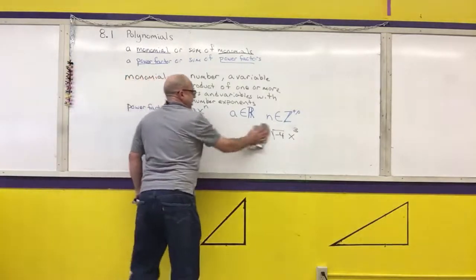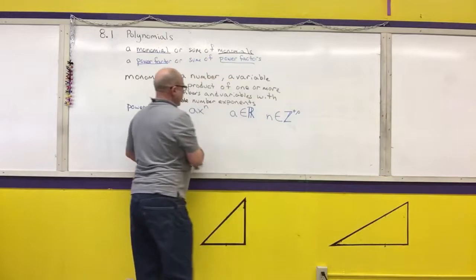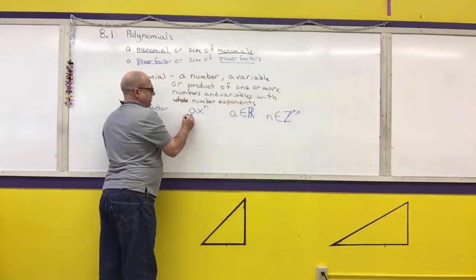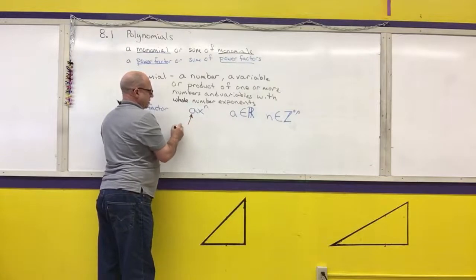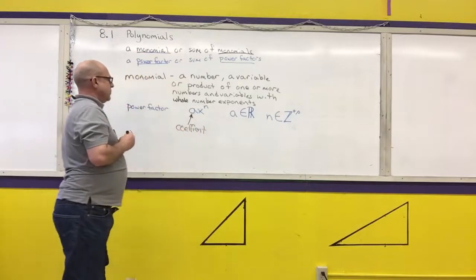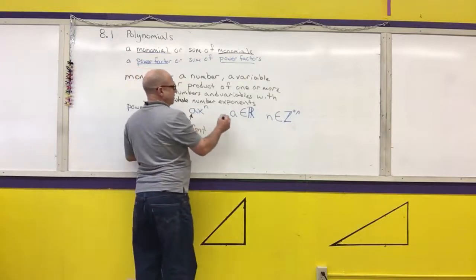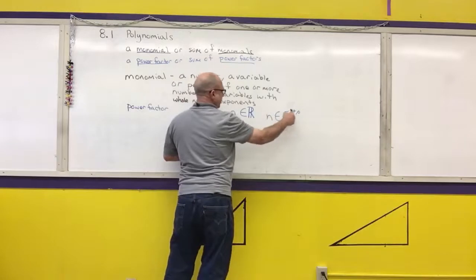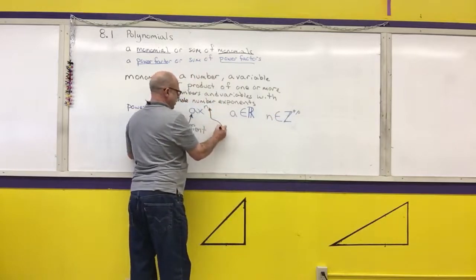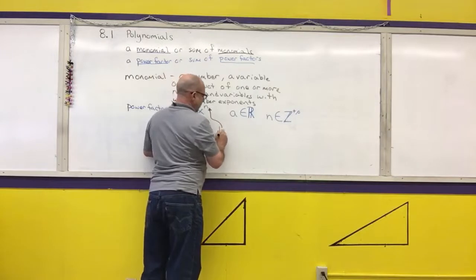Next thing I want to talk about is the number that's in front of it, which is called the coefficient. And the power that it's raised to, since I'm using 0 or positive integers here, that power is called the degree.